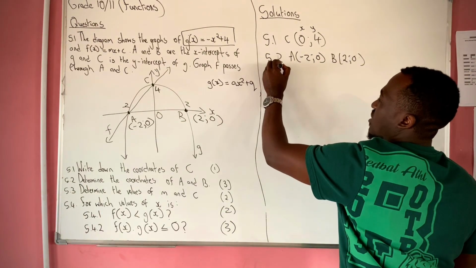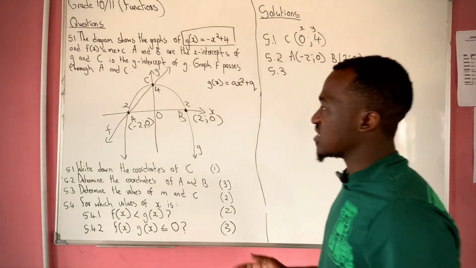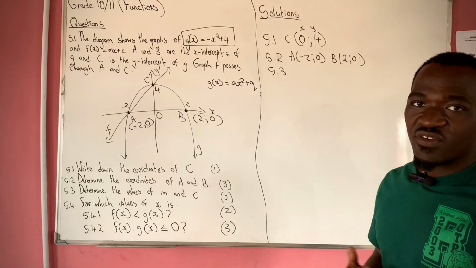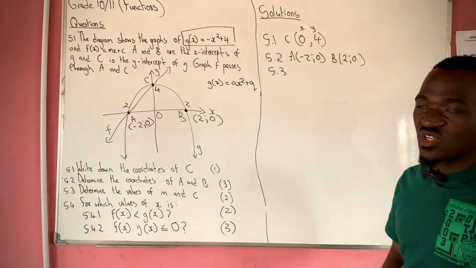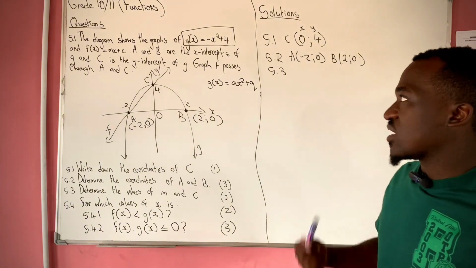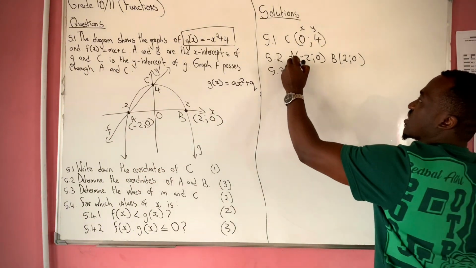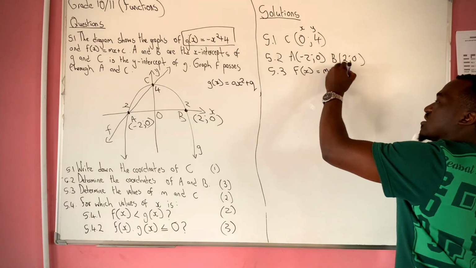Looking at 5.3, determine the values of m and c. As I said, we look at the statement. If you focus on the diagram, then you're going to make mistakes, because you are not going to see m and c while you are also chasing time. It's the other way around. So looking at f of x equals mx plus c.